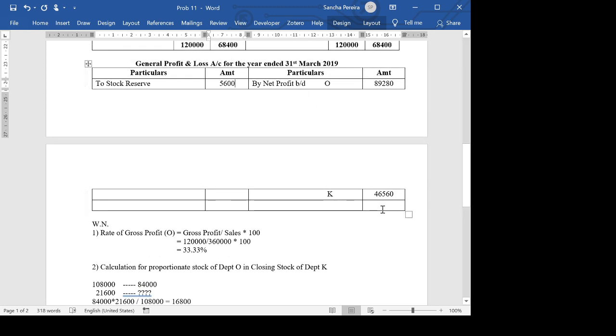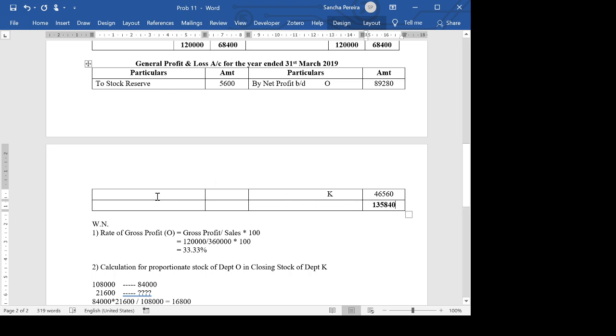So if I total this, I will get 89,280 plus 46,560, which is 135,840.